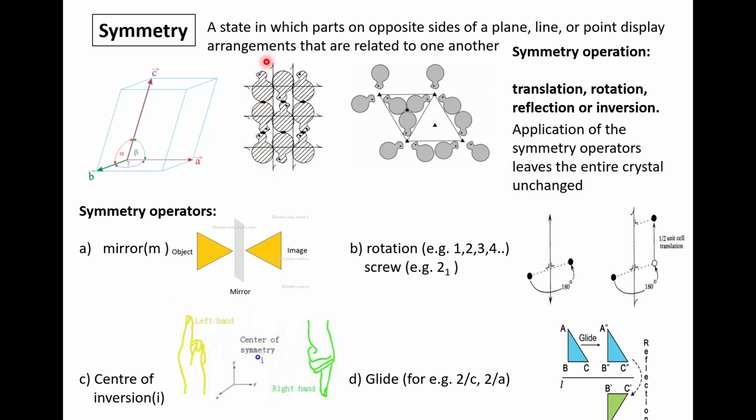So there is a repetition and an order in the crystal. If that order is not present, it will not form a three-dimensional crystal. It will be a powdery substance or amorphous, and that will be of no use for us.